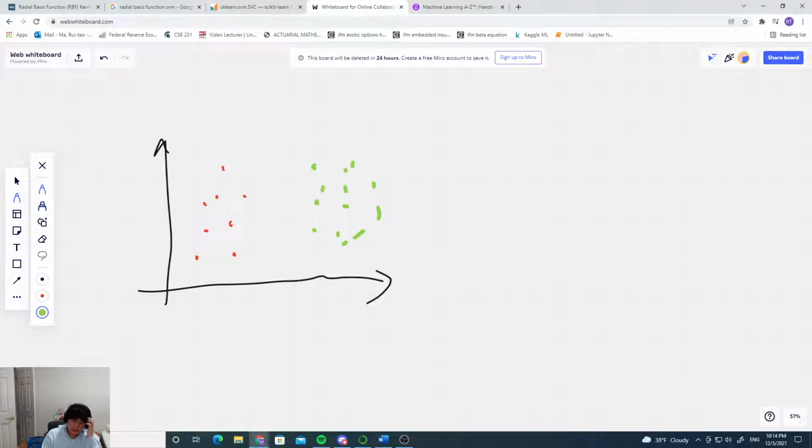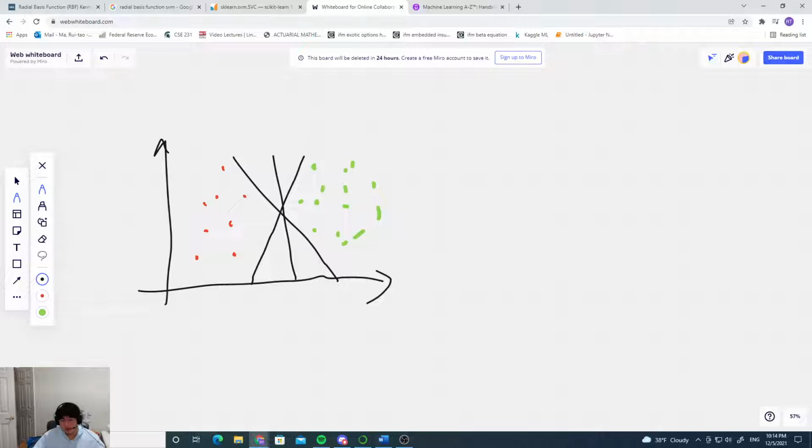Just by looking at this pictorially, you can see there's a pretty easy way to separate them. I can draw a line here, here, or here. It doesn't matter. There's an infinite amount of lines that I could draw to separate these.